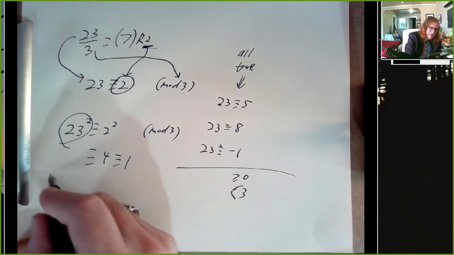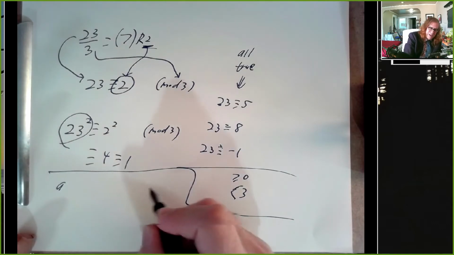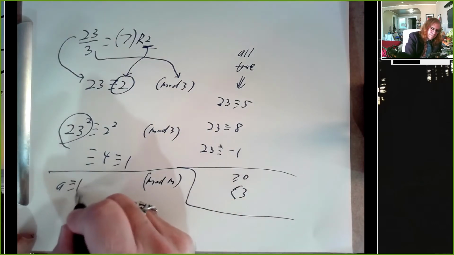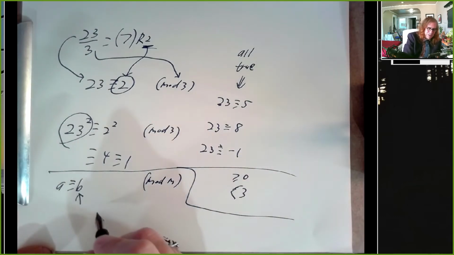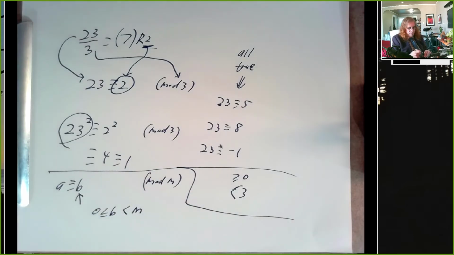And so the division algorithm basically says, given some number a and given some modulo m that we're working with, we can always find some b that a is congruent to with the property that b is bigger than or equal to 0 and less than m. That exists and it's unique. That's the division algorithm.